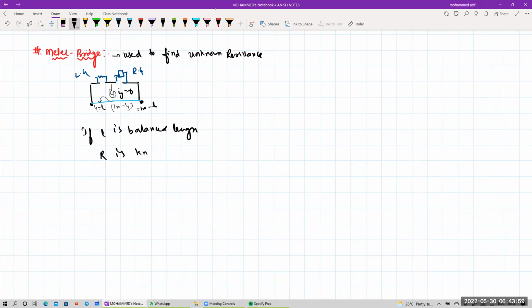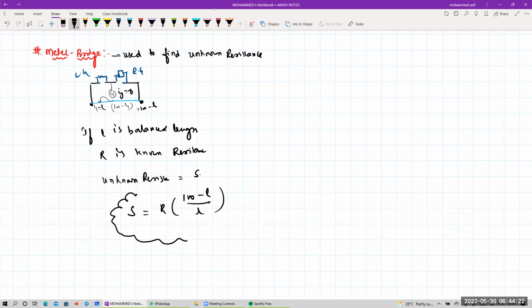Then the unknown resistance, say S, is calculated as S equals R into (100 minus L) divided by L. So this will be the formula. Clear? Yes, sir. So the unknown resistance S is equal to R into (100 minus L) divided by L. R is the known resistance, S is the unknown resistance.